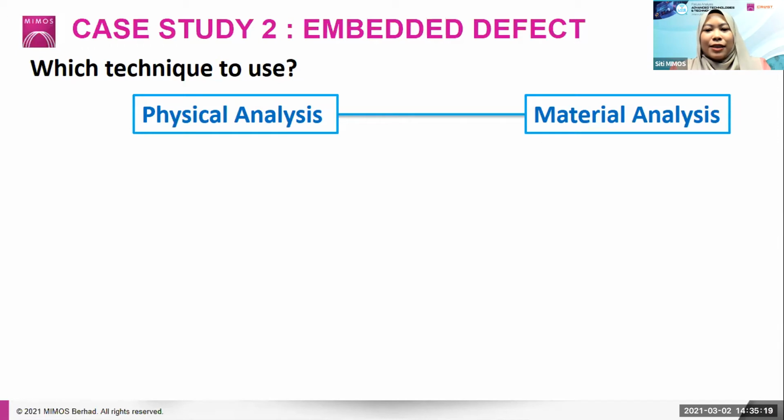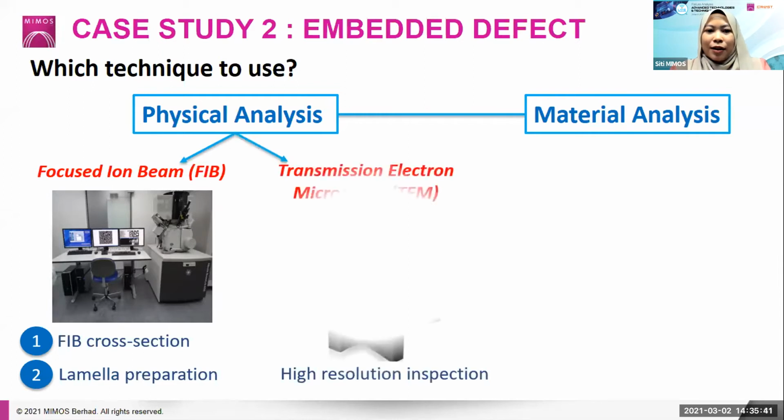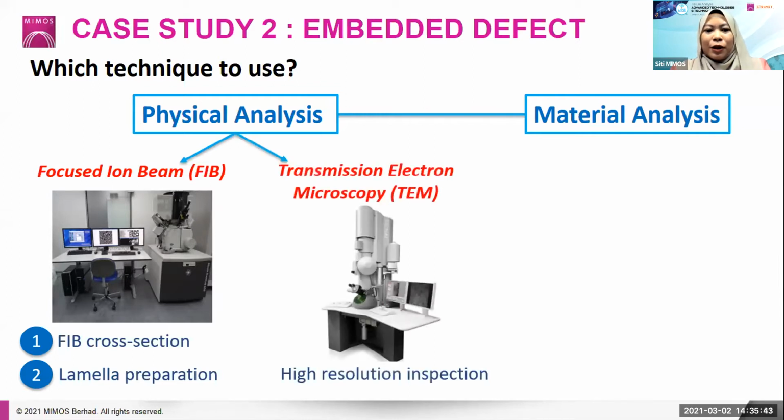For the physical analysis, we can use the focused ion beam instrument to cut the sample so that you can view the defect from the side. And of course, if the defect is very small, we can also perform subsequent sample preparation. We call it lamella preparation, so that afterwards you can inspect the sample using high resolution transmission electron microscopy.